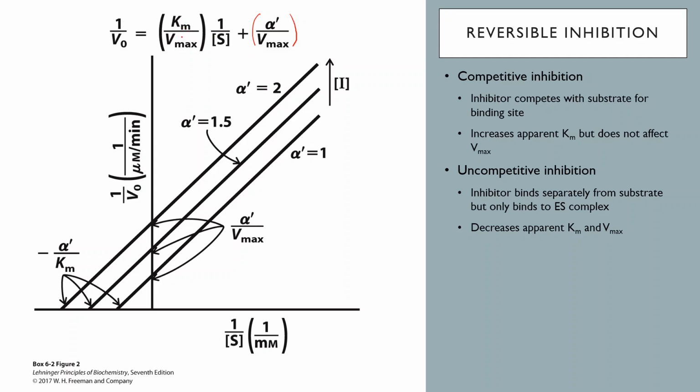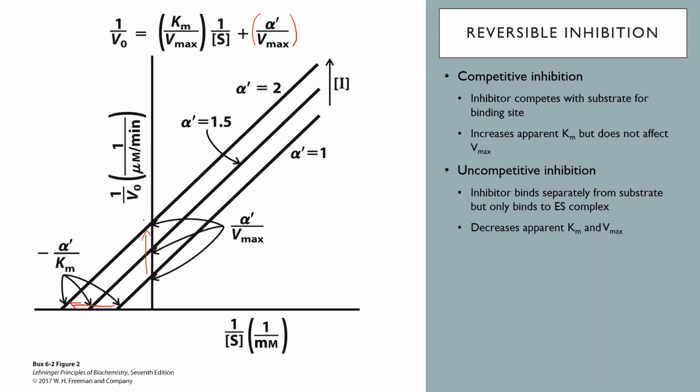So this number Km over Vmax is still the same, which means the slope of our line is going to be the same. But as we add more inhibitor, that alpha goes up, which means that both the y-intercept here and the x-intercept are both increasing.